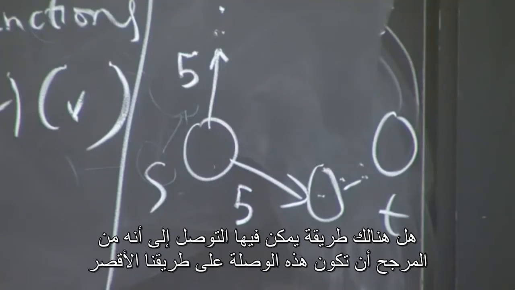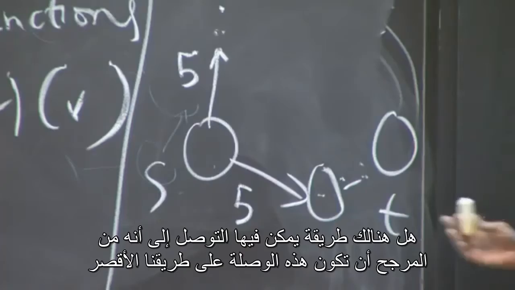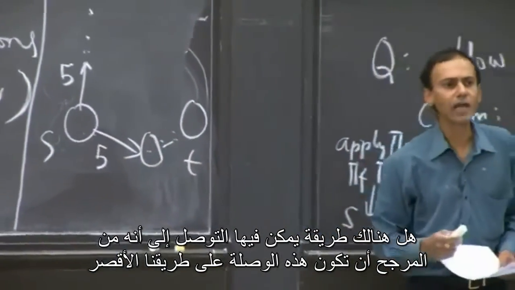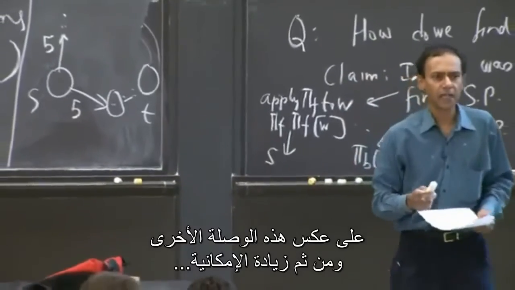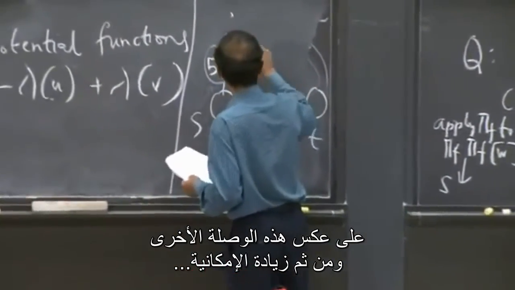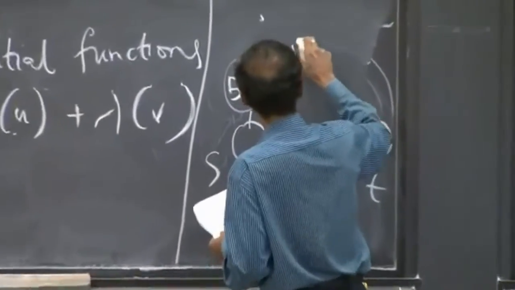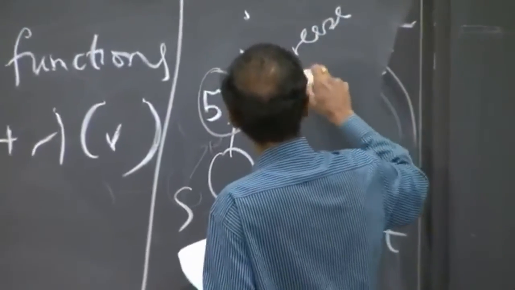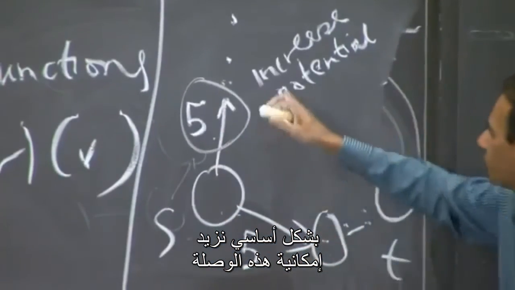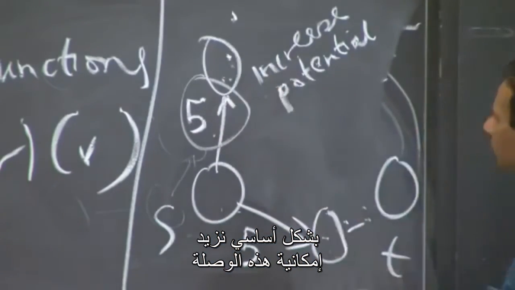Is there a way that you can guess that this is the edge that is more likely to be on your shortest path as opposed to this other edge, and increase the potential of this node, all right?